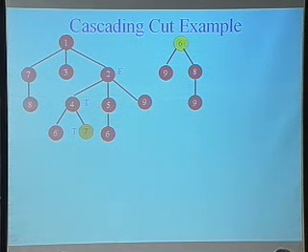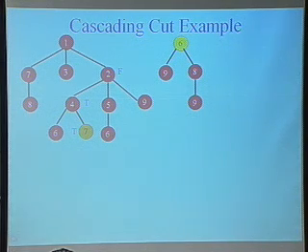So the remove min operation, when it makes one node a child of another, sets the child cut value of the child to be false. That's why we had this somewhat complicated definition of child cut up front, which said that you count based on the most recent time you became a child of your parent.